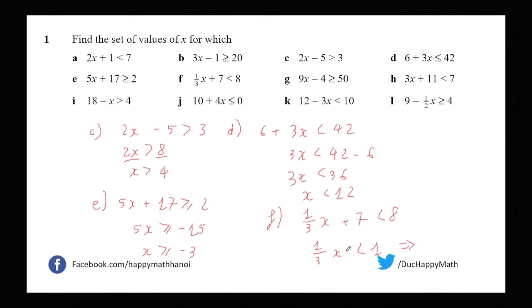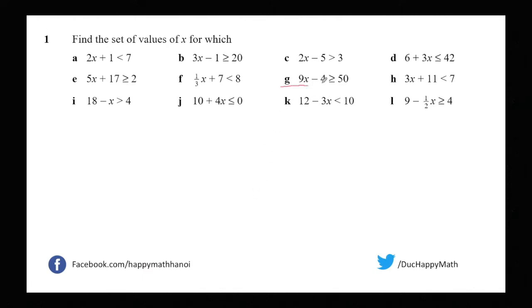Less than 1 means you have to divide both sides of this inequality by 1 over 3. So 1 divided by 1 over 3 means 1 times 3 over 1. So the final result of question F is x less than 3. Okay.